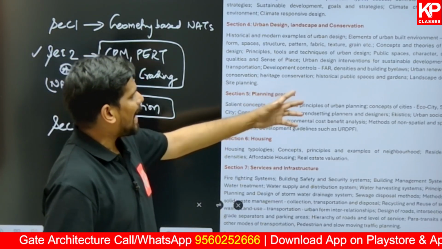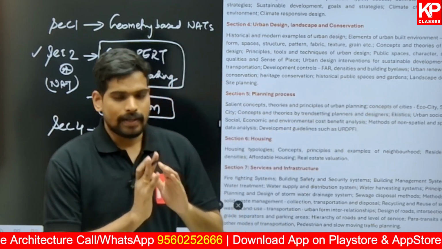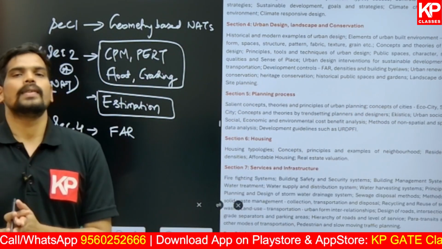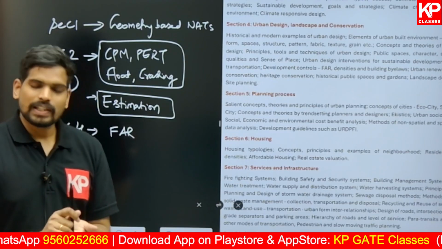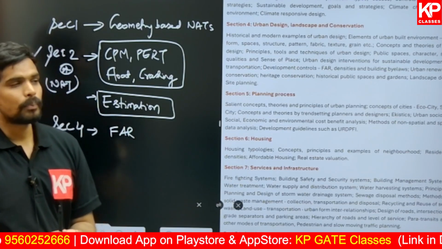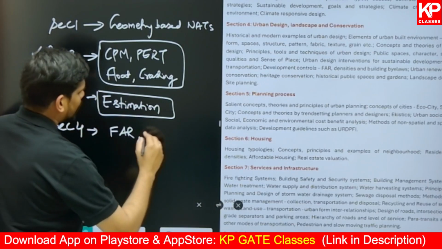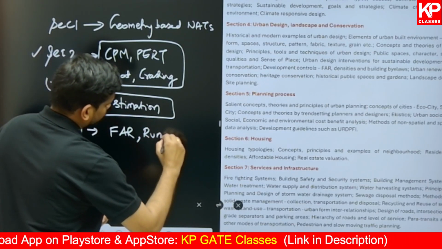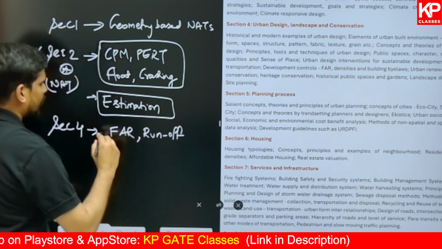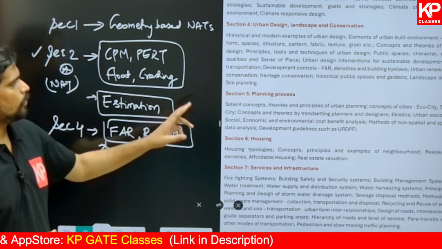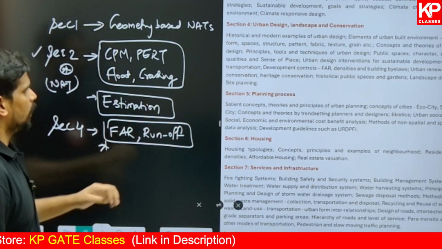Similarly, for landscape design, you just have the mention of landscape design and site planning here, but every year you have a numerical from landscape, mostly from the runoff calculations, sometimes from contour analysis too. Every year at least one numerical is asked from these areas. These again are very important numerical areas of the 4th section.